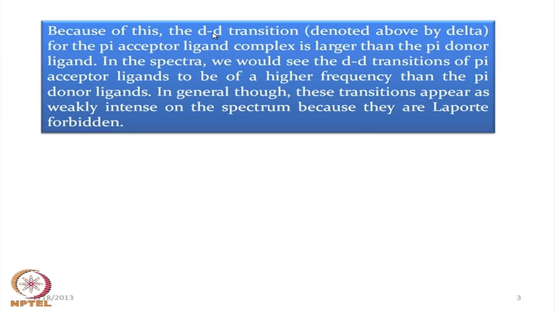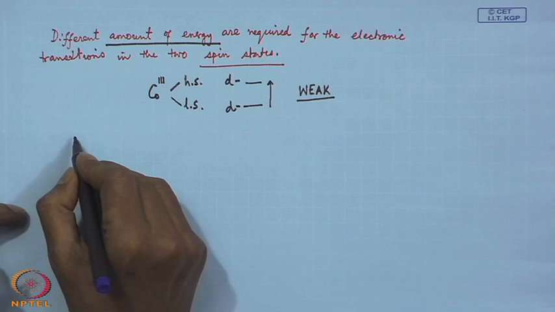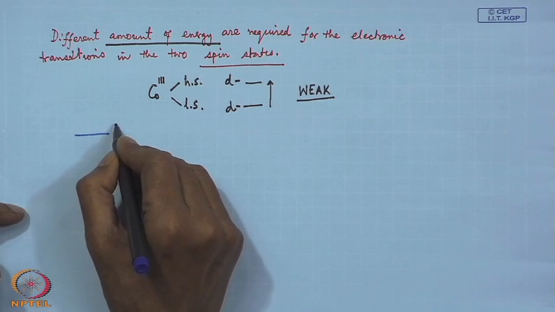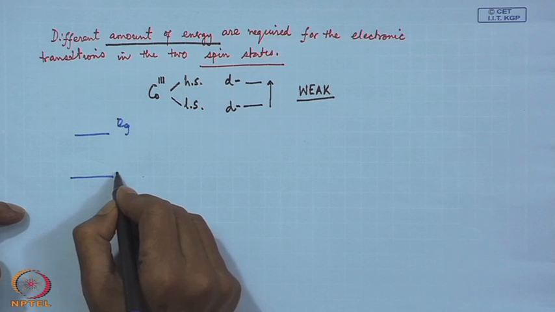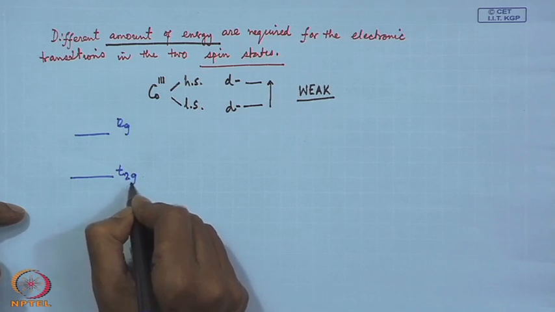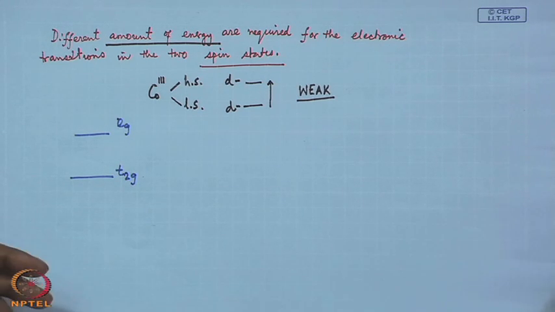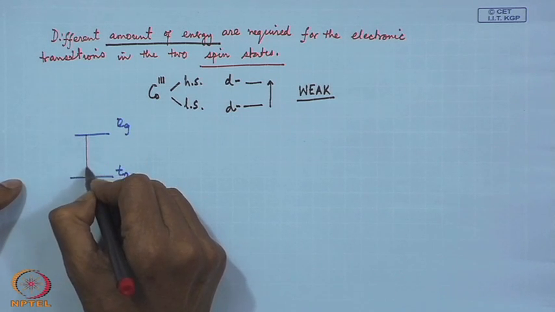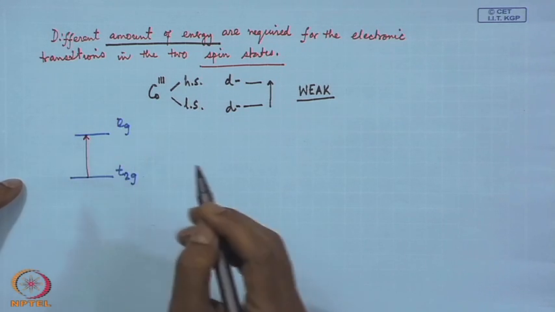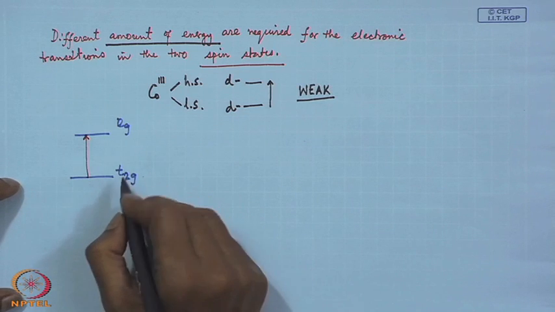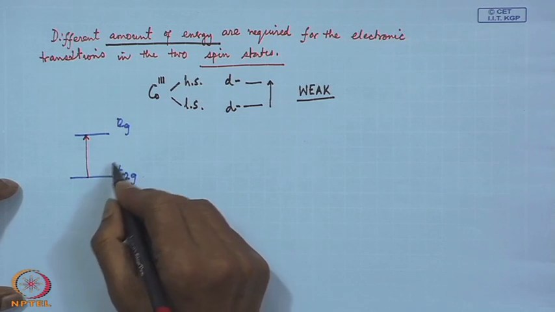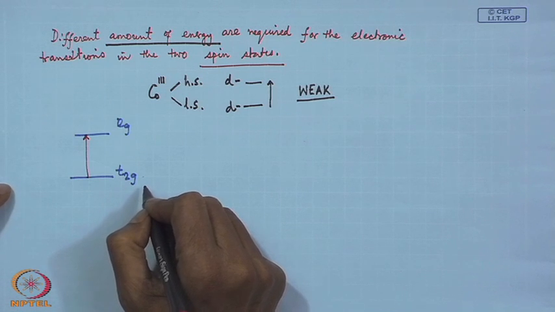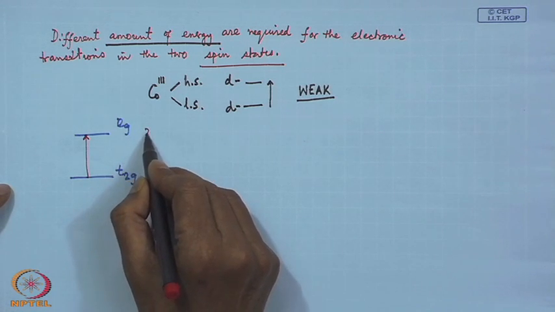So, if we have one particular level which is Eg and another which is T2g, they are not symmetry allowed for the corresponding electronic transitions. The T2g is of pi type because it lies between the metal-ligand axes, but the Eg is of sigma type.